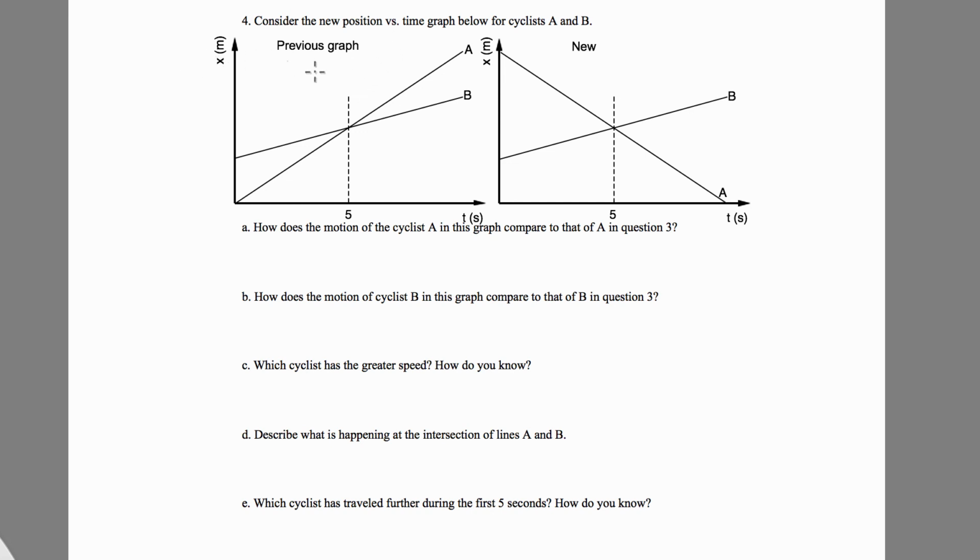So 4 says consider the new position versus time graphs below for cyclists A and B. This graph here, which I'm going to put a blue box around, that's what we already just talked about extensively. Now we have a new graph, and then they're different.